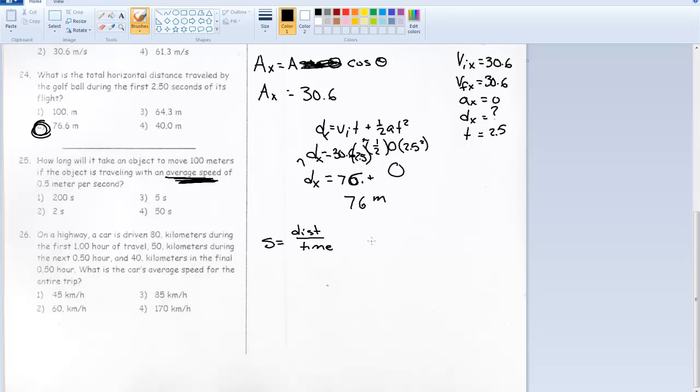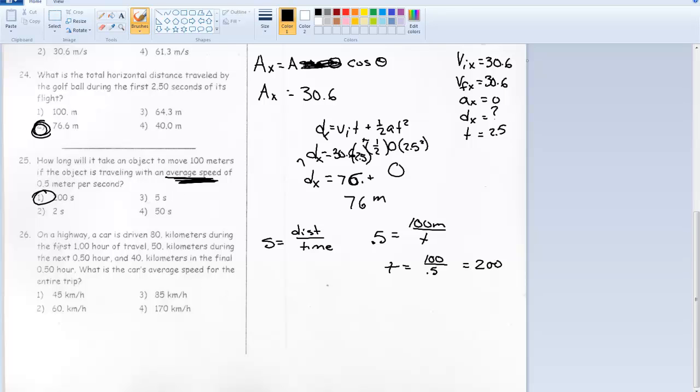Right? They've given us that the object has an average speed of 0.5 meters per second. So that's 0.5 is equal to distance, which is 100 meters, over time. Okay, you guys can cross multiply, but in the end you're going to get that t is equal to 100 divided by 0.5, which is equal to 200.